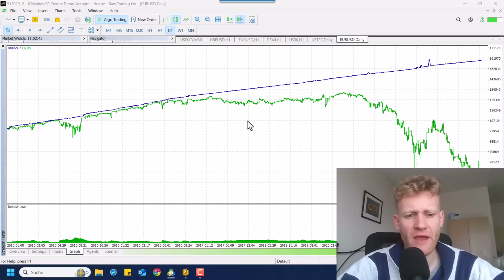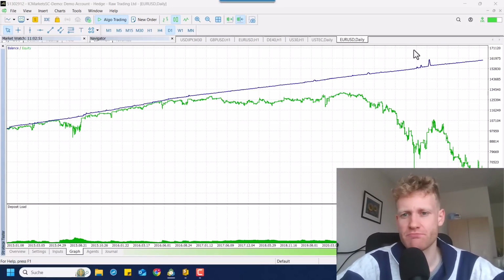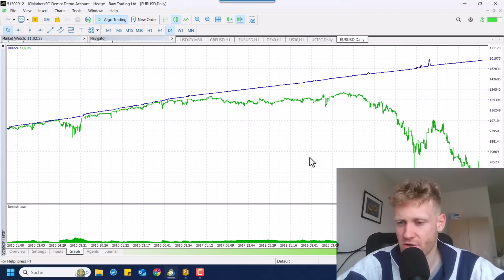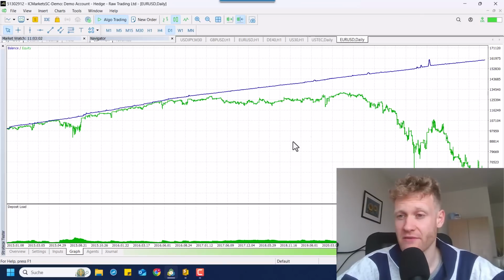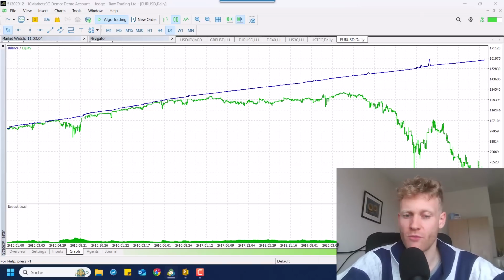And this could have been a lot better if we were just a bit more lucky. If this bad series of trades that we currently have, because we are in a huge drawdown, had been closed at some point, then the performance would look a lot better.